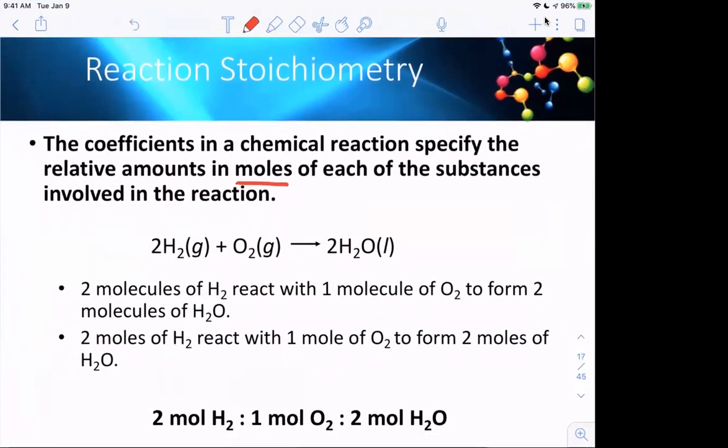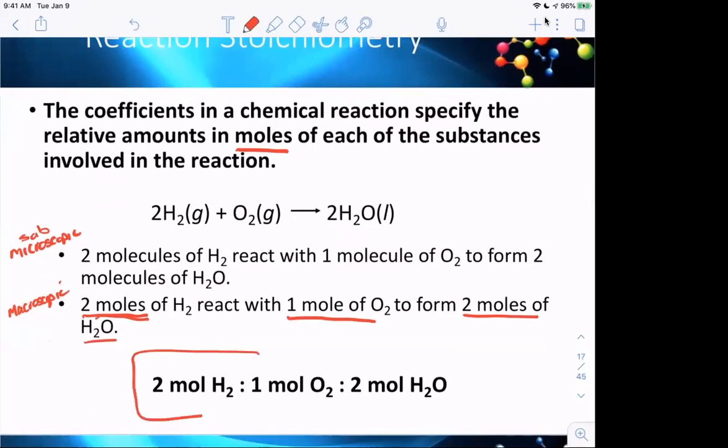I could either be microscopic or submicroscopic in that molecular realm, and I can read this equation as two molecules of hydrogen react with one molecule of oxygen to form two molecules of H2O. Or I can look in the macroscopic world and I can have mole ratios. So 2 moles of H2 react with 1 mole of O2 to form 2 moles of H2O.